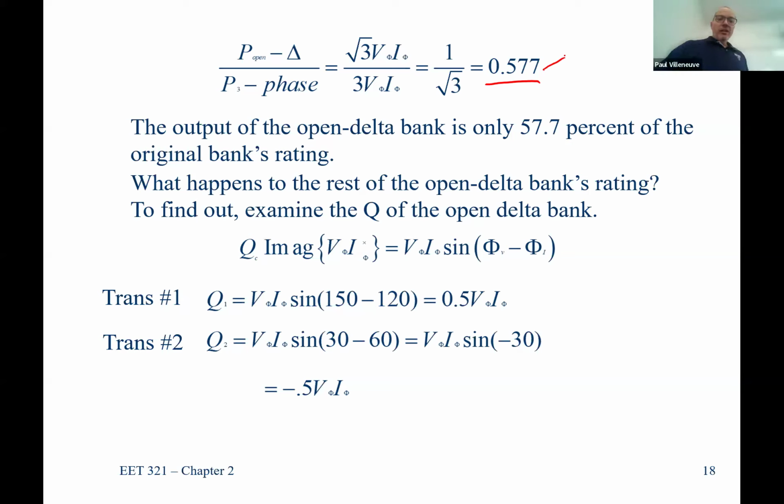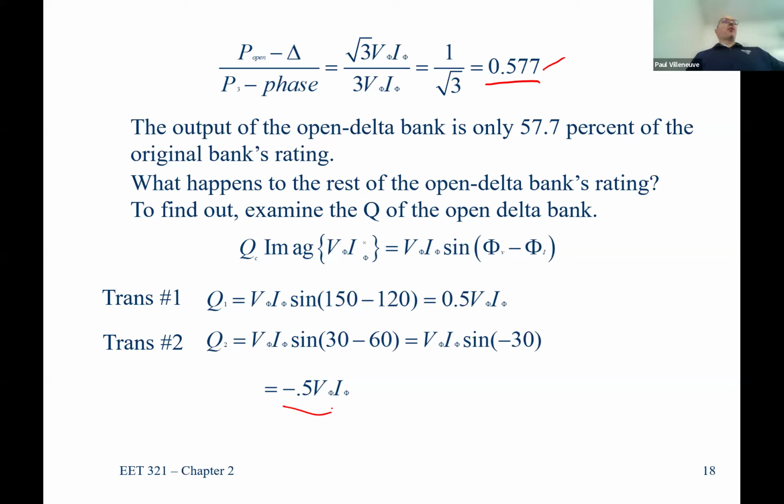And look at the power for Q. I'm only getting half. So I have to do a serious derating to make it work. So you don't see open delta configurations anymore. They're not that common because buying an extra transformer is not that much more money. So open delta means we're missing one transformer.